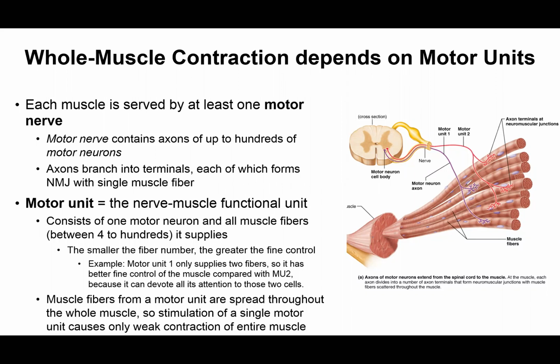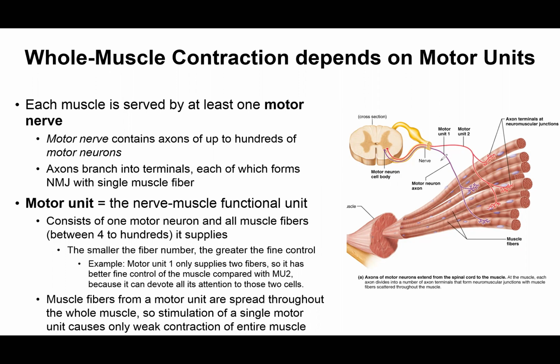It consists of one motor neuron, which we see here, and all of the muscle fibers that it's going to supply. Motor unit 1 here is going to supply 2 fibers. Motor unit 2 over here is going to supply 3 fibers. The smaller the number of fibers that the motor unit supplies, the better fine control we're going to have of the muscle.